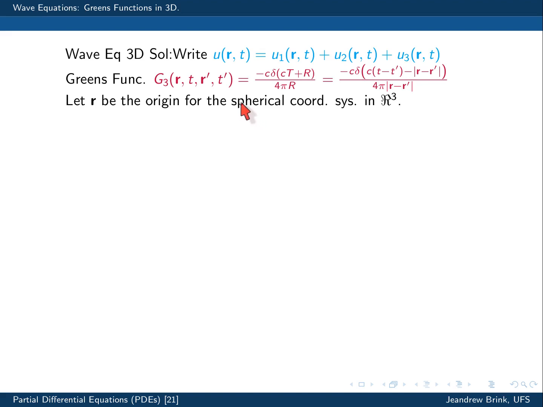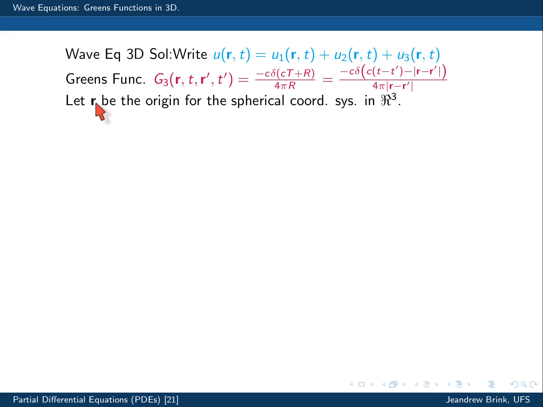Okay, so when we evaluate this, we have to work out those integrals over R3 of various combinations of this function g. To do that effectively, because we have written the Green's function in terms of r, and the only thing that enters is the difference between r and r prime, and you're integrating over r prime, one convenient way for most methods of evaluation is to choose the origin of the spherical coordinate system in R3 to be r.